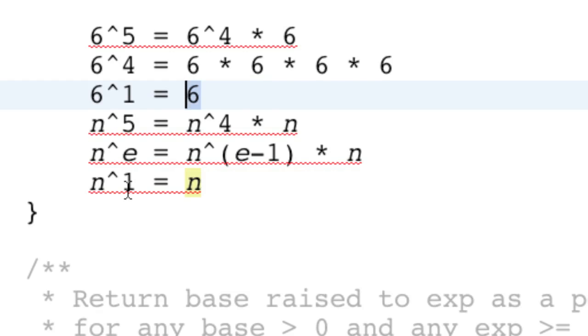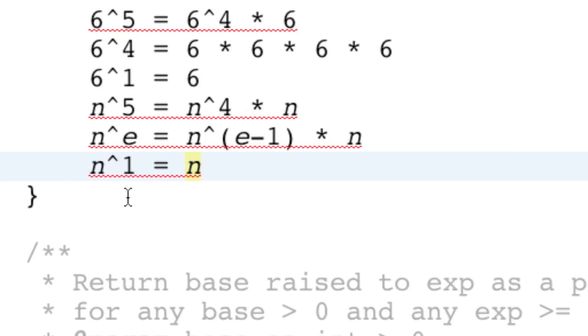So if you look at this situation here, there's no recursion happening. When I'm calculating a power that's raised to the exponent 1, the answer requires no recursion. Similarly down here, if I'm calculating any value n raised to the power 1, I know that the answer is going to be n, and it's going to require no recursion.